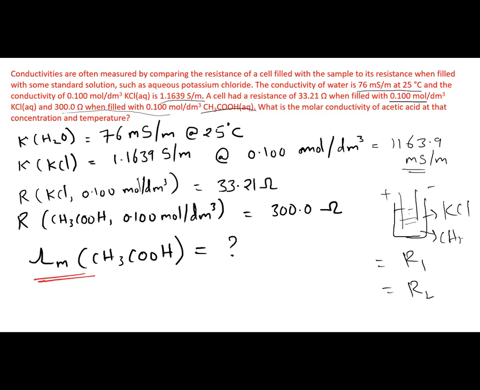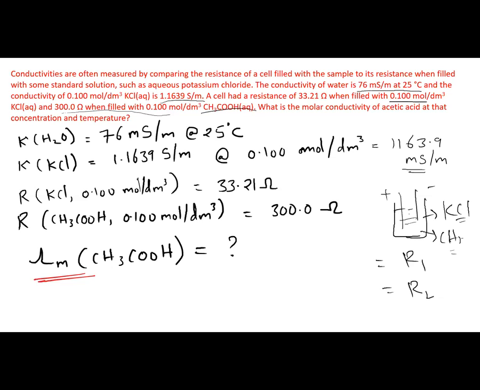So the resistance of the cell depends upon the concentration and the type of electrolyte we use. If you are given the resistance of the cell under one solution, we can calculate the resistance under the other one.